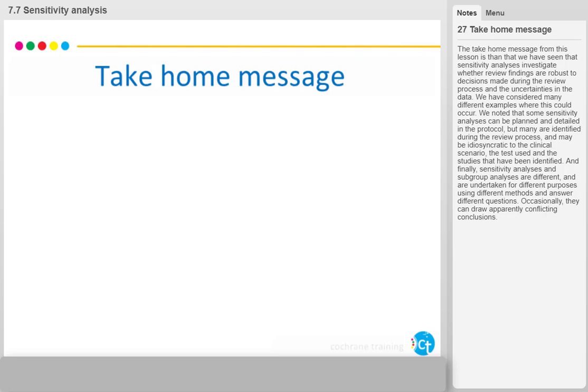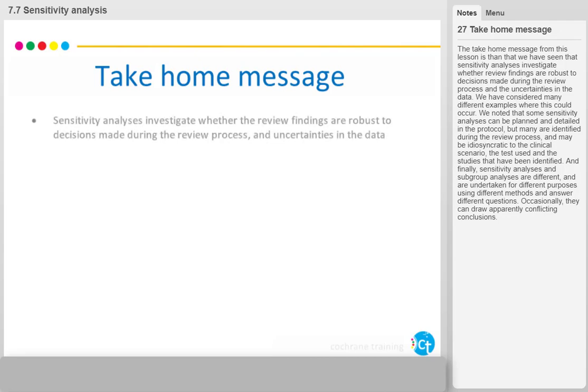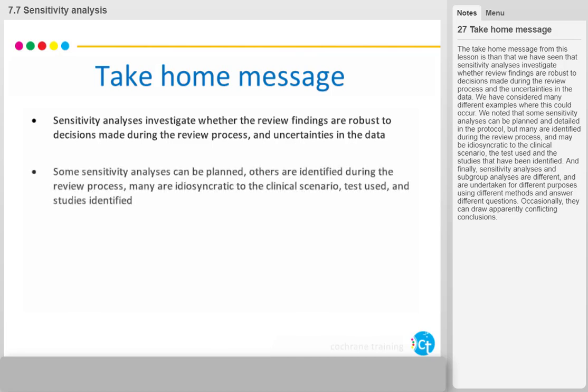The take-home message from this lesson is then that we have seen that sensitivity analyses investigate whether review findings are robust to decisions made during the review process and the uncertainties in the data. We have considered many different examples where this could occur.